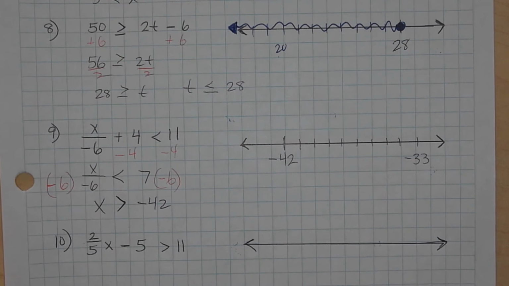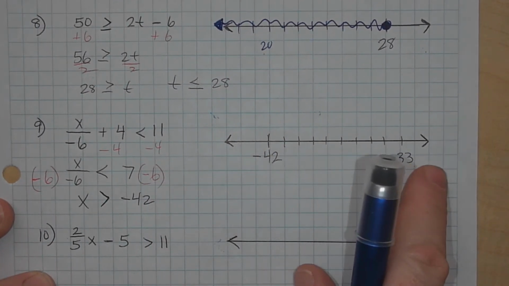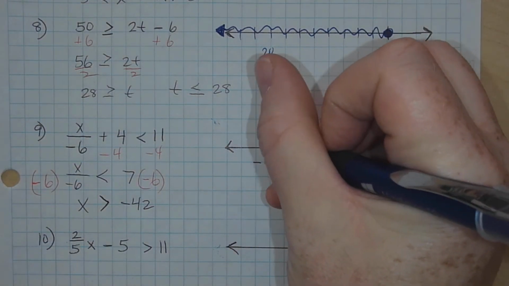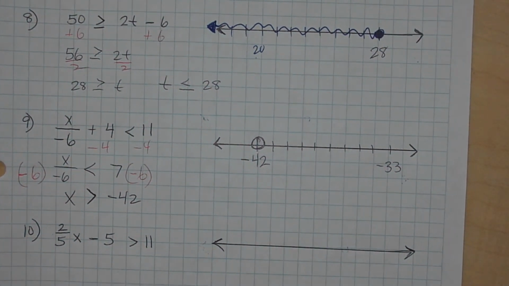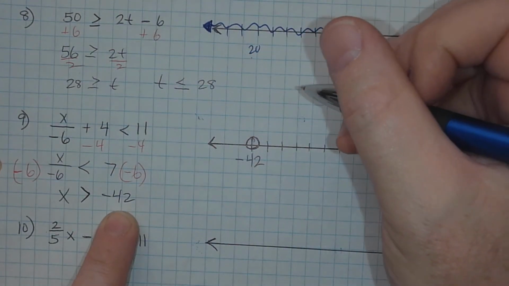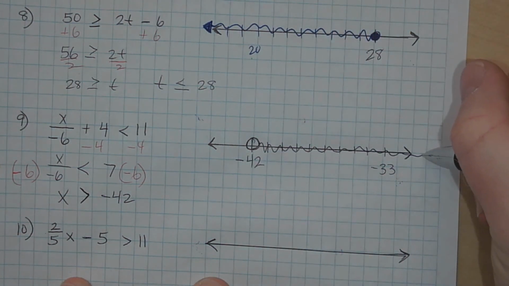Let's say -33 is there. As you go further to the right, the negative numbers seemingly get smaller, but technically they get bigger, right? Because they're further to the right. So you're going to go to the right here. This is an open circle because -42 cannot be greater than -42. So this is going to go to the right all the way down.